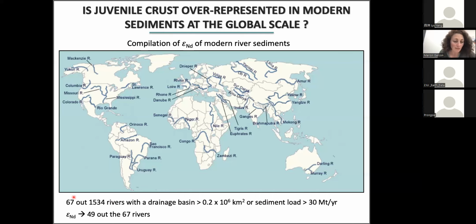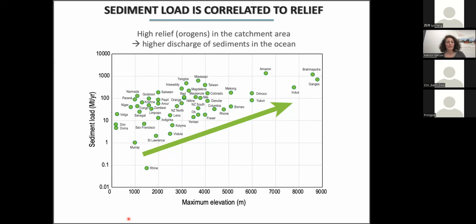And I ended up with 67 rivers. And I was able to find the neodymium isotopic composition of 49 out of the 67 rivers. So I think this is quite representative of what's going on in the sedimentary system today. And when you look at this data, where each point is a river, you can see that their sedimentary load delivered to the open ocean basically correlates pretty well with their maximum elevation, which is taken here as a proxy for topography.